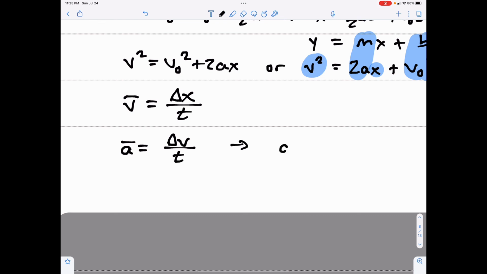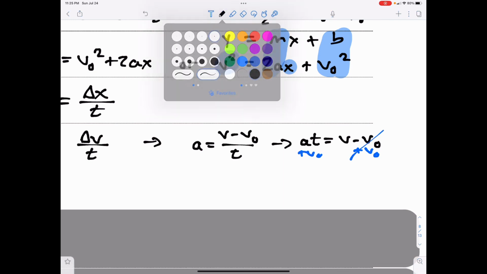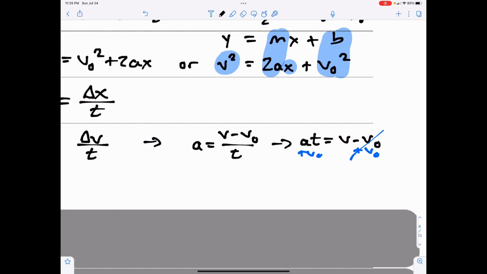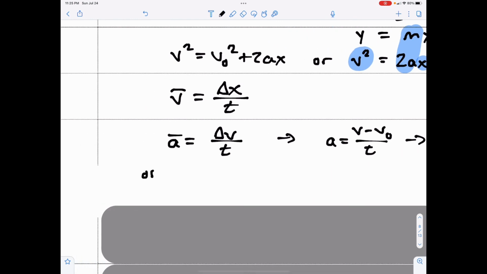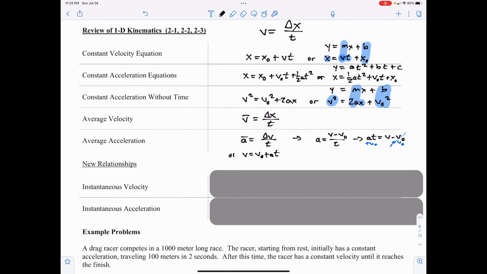So I would rewrite it as acceleration equals v minus v naught over t. Then I would multiply both sides by t, and I get a times t equals v minus v naught. Adding v naught to both sides, we have another expression: v equals v naught plus a times t. This one gets used the most.